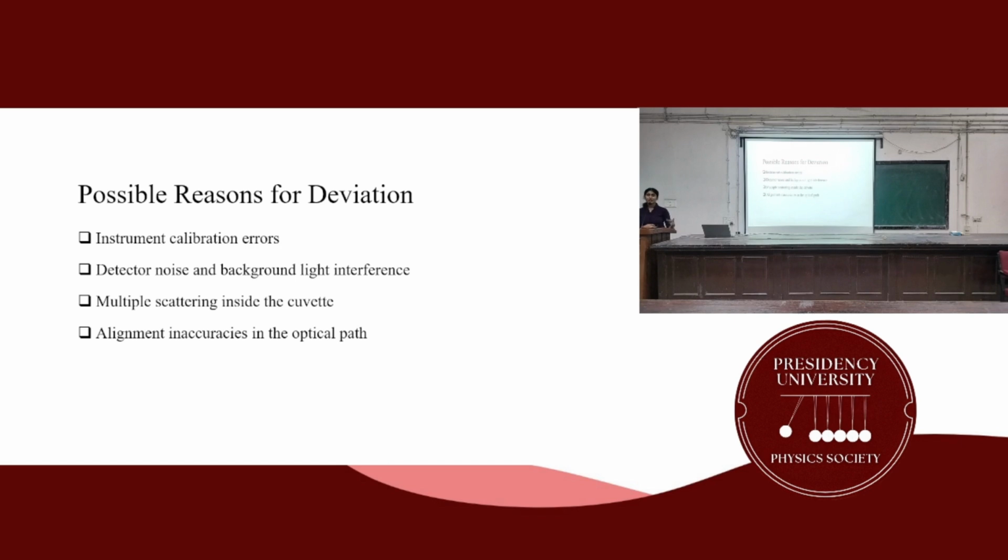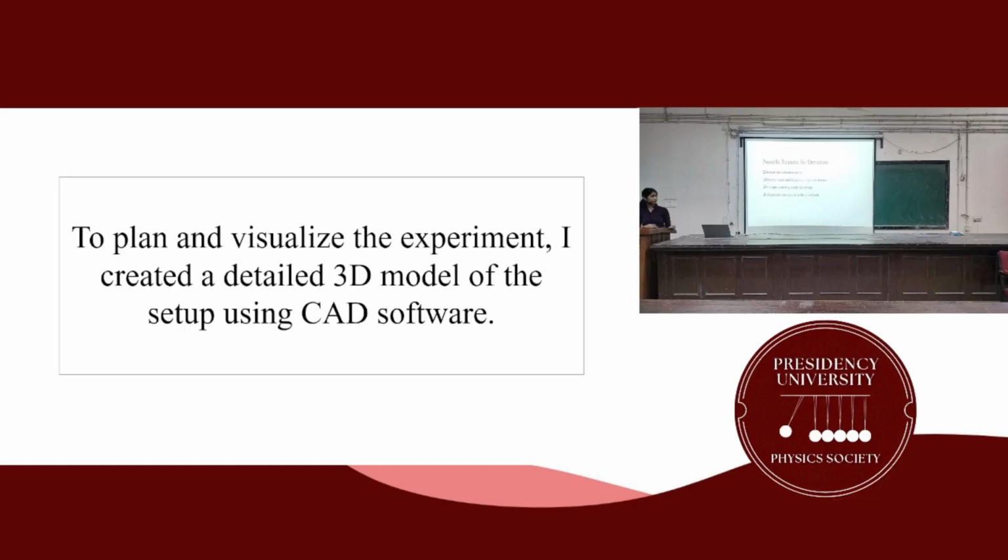Inside the cuvette, there were also multiple scatterings, and there were alignment inaccuracies because we were working with different tools, not a robust structure. It was different items we used to set up the experiment.